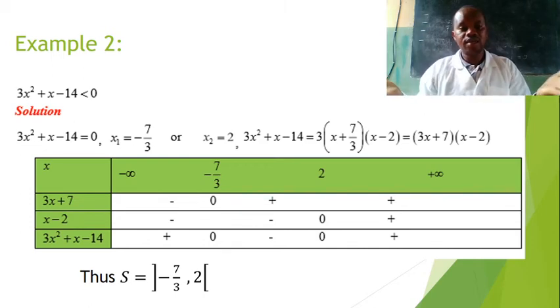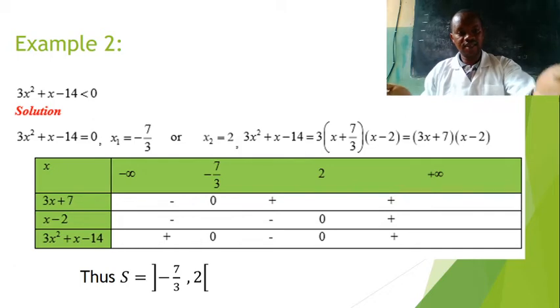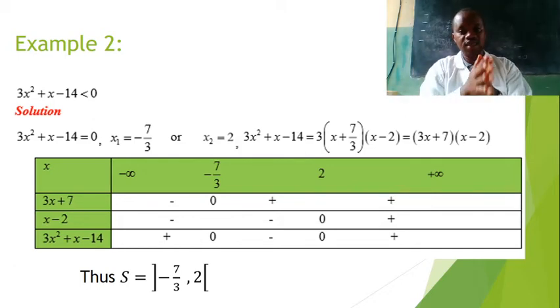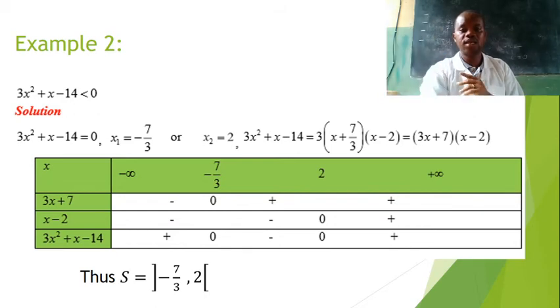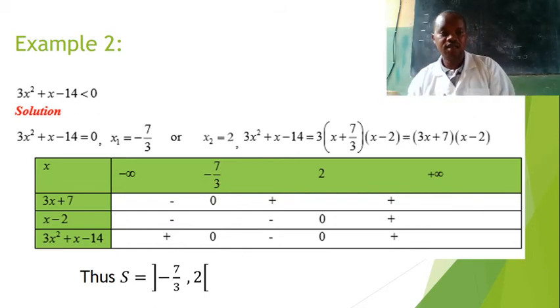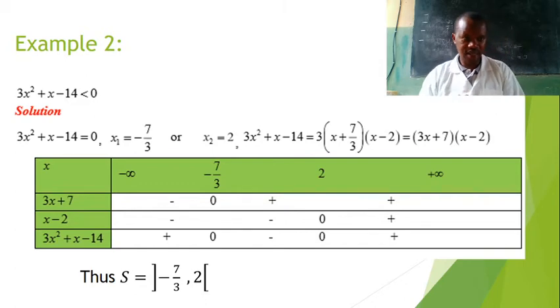Then under x in the first column, we put the factors that we found in factorizing the given 3x squared plus x minus 14. We start with 3x plus 7. It does not matter, you can even start with x minus 2.